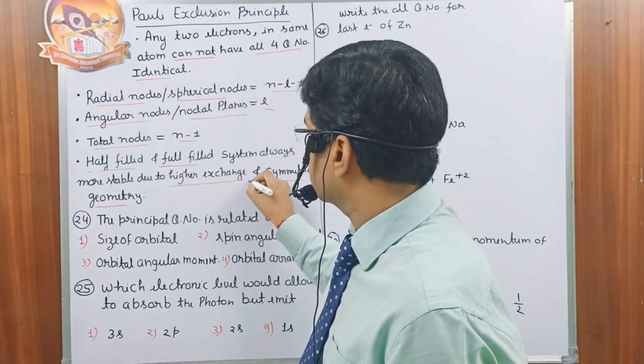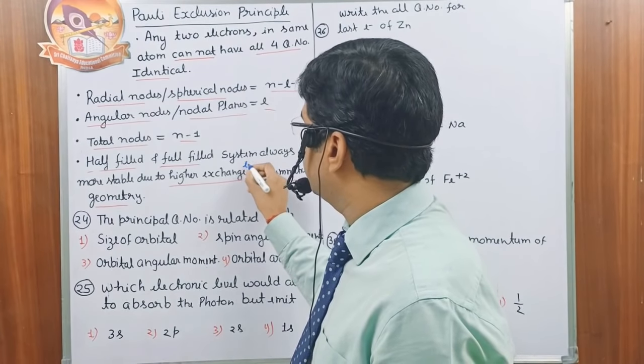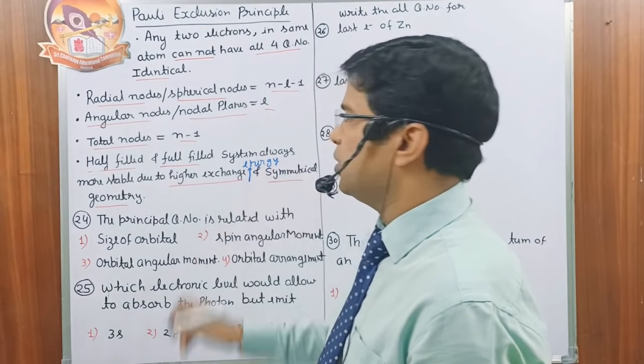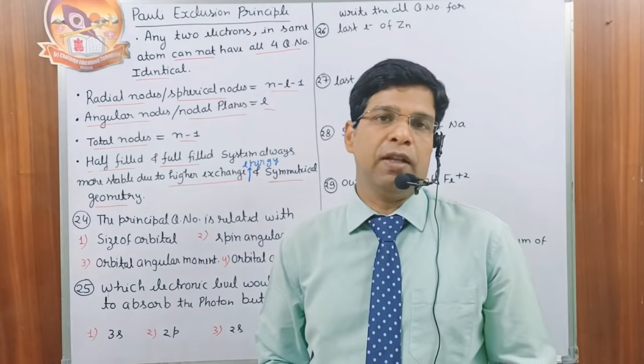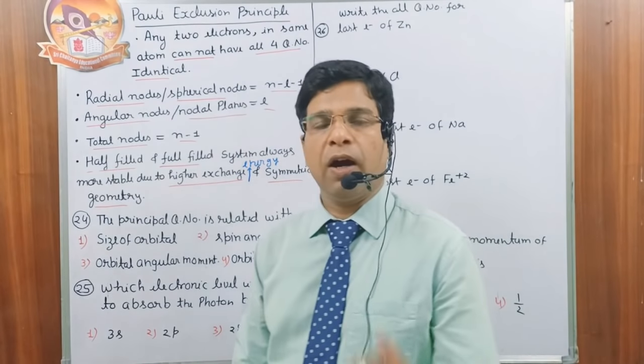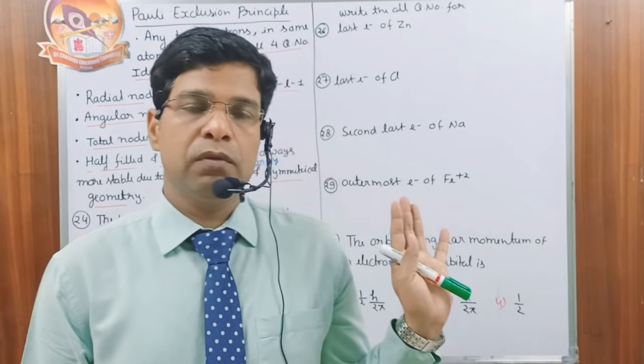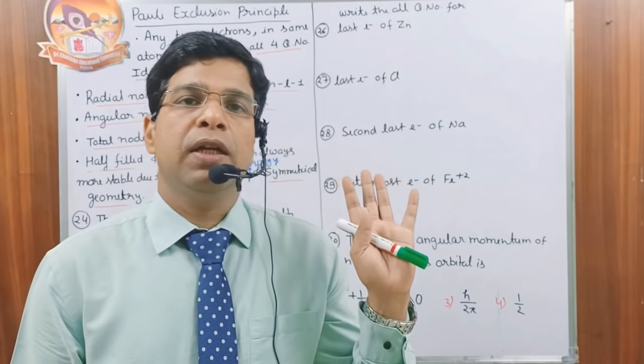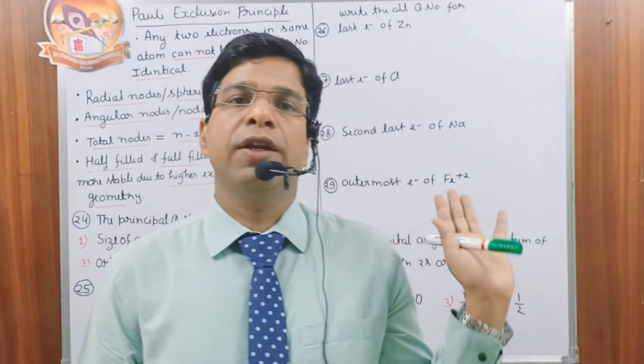It is due to the maximum exchange energy and more symmetrical geometry, more symmetrical shape. Half-filled and fully-filled are always more stable due to the maximum exchange energy and symmetrical condition.